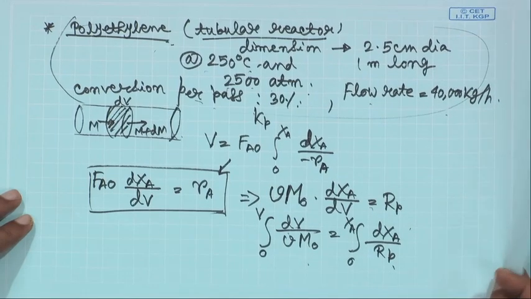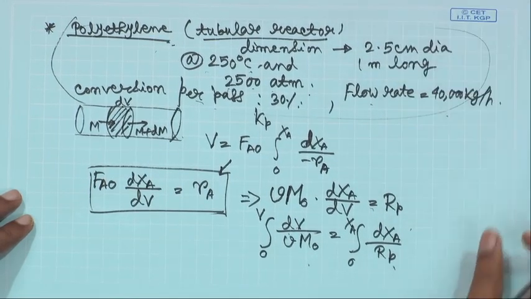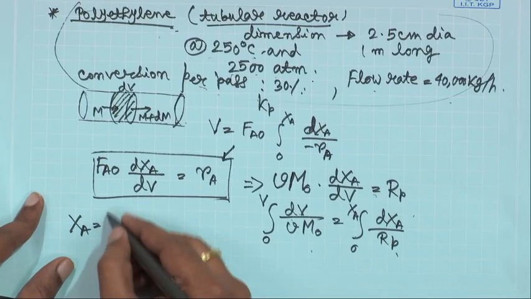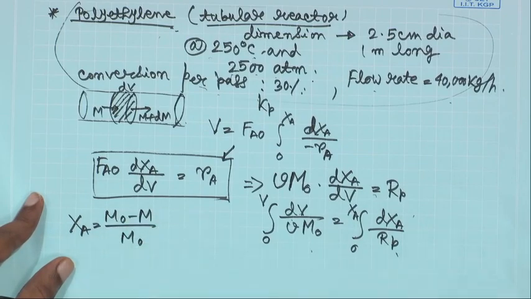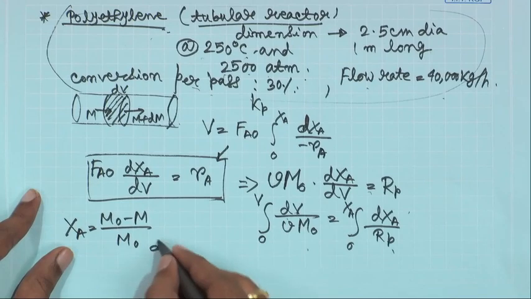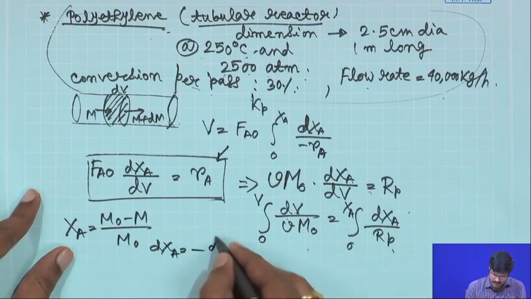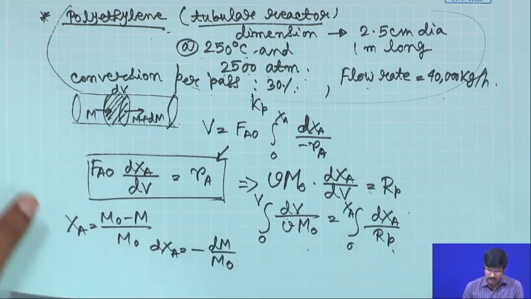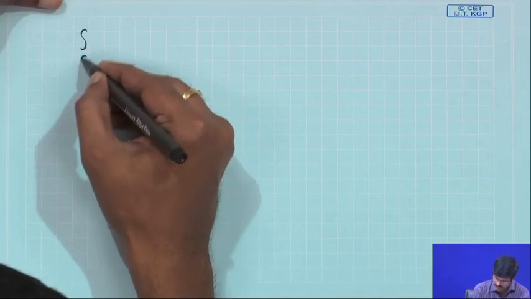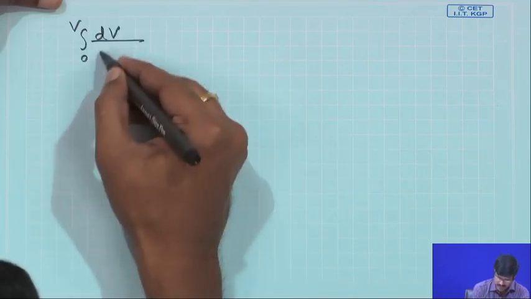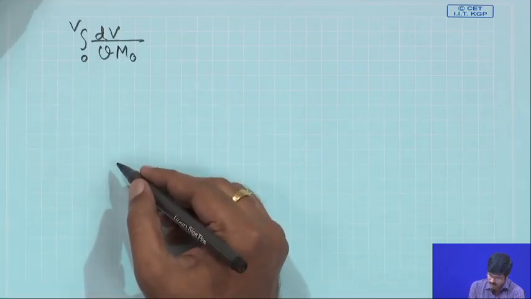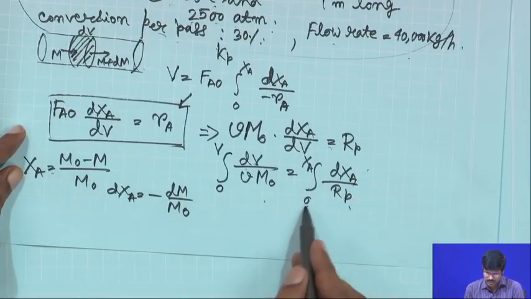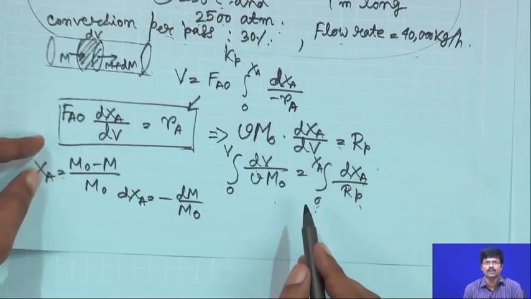Now, if you remember, your value of xa is nothing but m0 minus m divided by m0. So, what is the value of dxa? The value of dxa is nothing but minus dm by m0. So, you replace that value here and then what you will get is the following: 0 to v dv by small v into m0 equals to now you are replacing xa by m. So, this integral will also change from initial value of m to final value of m.